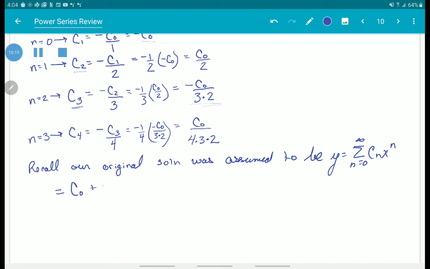And then we would get c1 times x to the first, plus c2 x squared, plus c3 x to the third, plus so on and so forth. Let's make those substitutions for our c1, c2, c3, and we'll go up to c4 since we found c4.